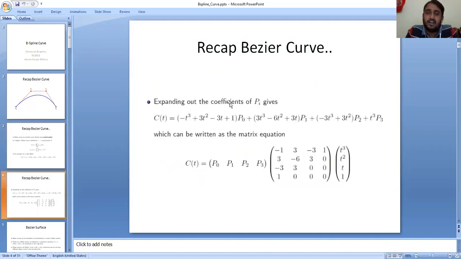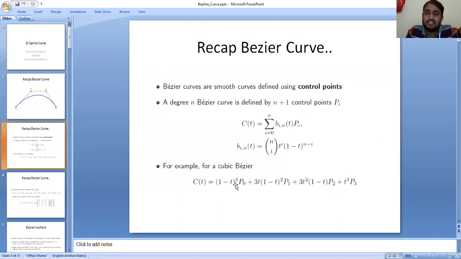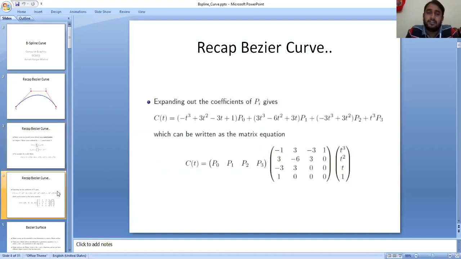Expanding out these coefficients, when we expand (1 minus t) cubed and (1 minus t) squared and multiply, we get this equation. And this equation can be written in matrix form.